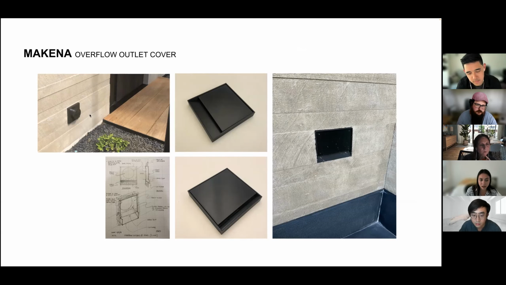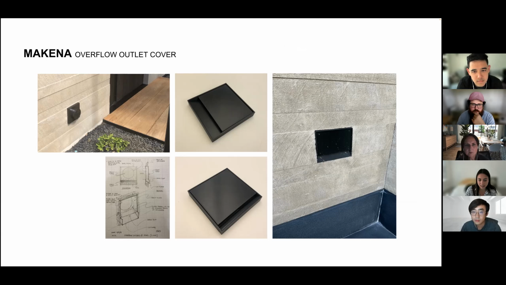And so Amadeo had shared this sketch that he did looking at the design for a custom cover. And these 2 center images are the 2 prototypes we printed on our printer, again at 1:1 scale. And on the right, you can see the final outlet cover that was installed, which is pretty cool to see the process of what was there and then how the team was able to develop and improve on it to get what they wanted in the end.